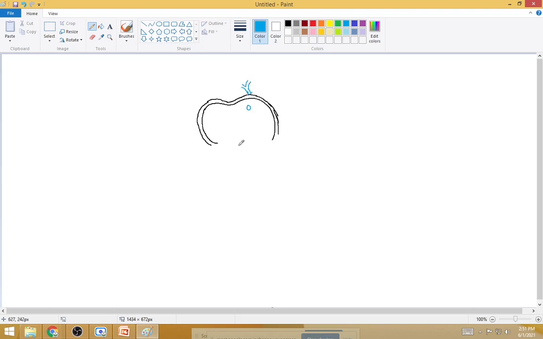is bifurcated. I'll just draw it a little different. Suppose this is the wall. This is the vein opening into it, a single vein. Now what happens?